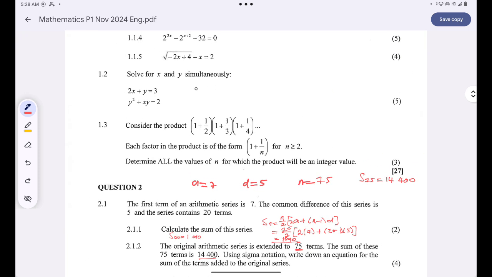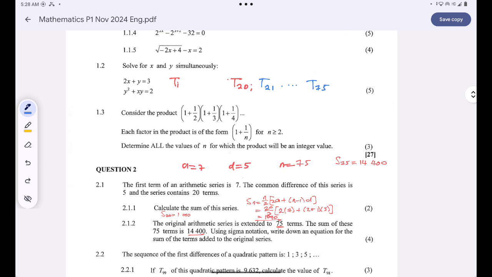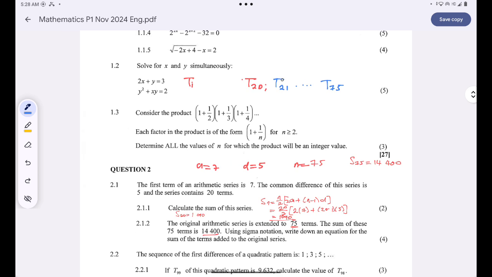So initially we had T1 until T20, and then some terms were added. We ended up having T21 until T75. So they just want us to find the sum of these terms which are added.